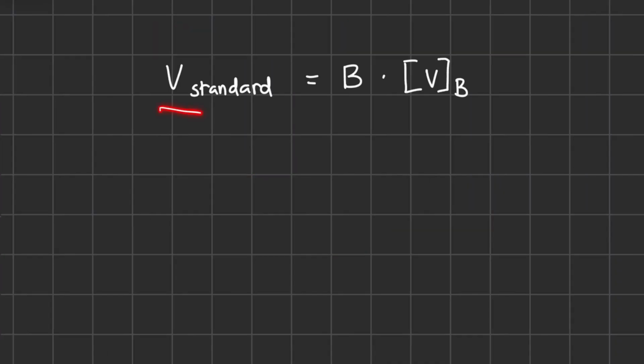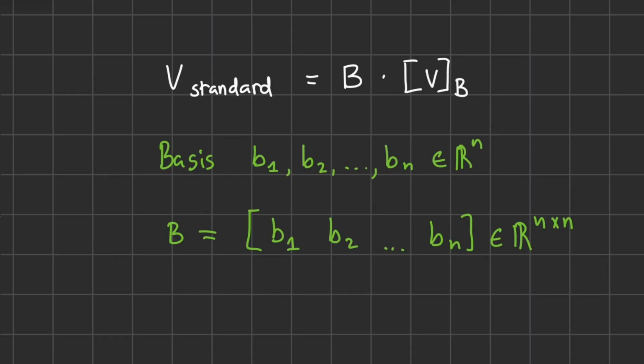Here I have a formula that describes how to move from a specific basis to the standard basis. Here, our basis consists of the vectors b1 to bn, all having the size n. From our prior video, we know that a basis for our vector space Rn needs to have n vectors, and they have to be pairwise linearly independent. Thus matrix B, which I've written here, is now simply the collection of all these basis vectors as a matrix.